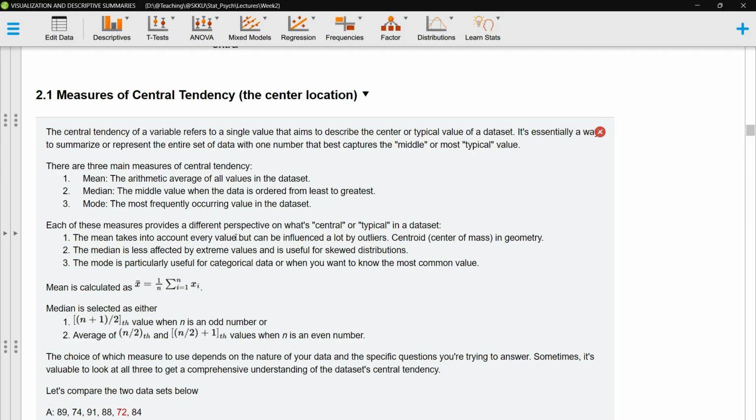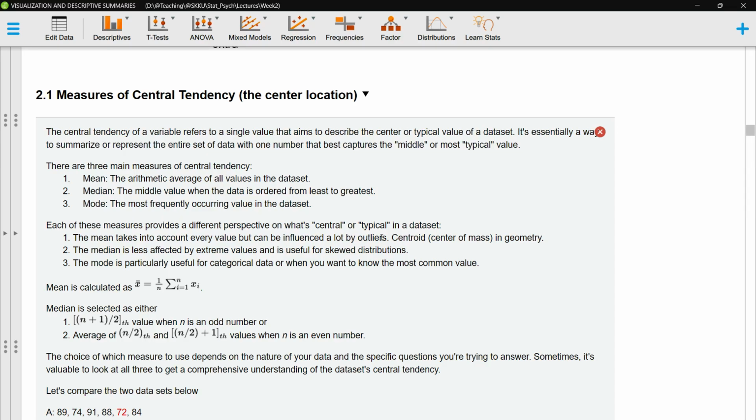So that's a good thing for a representative value, right? But it can be influenced a lot by outliers, the most non-typical values. Non-typical values can affect the calculation of the mean a lot. So that's a weakness. That's a bad thing. So the mean has a good property as well as a bad property.